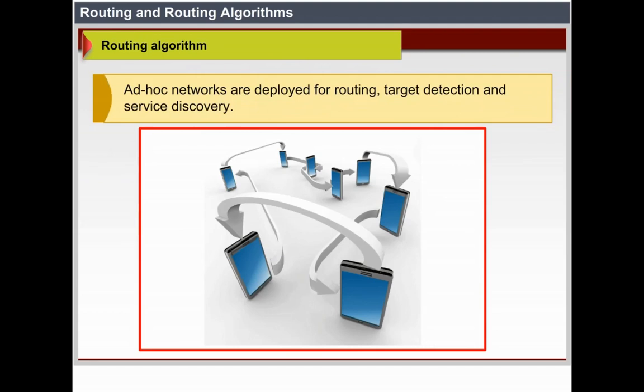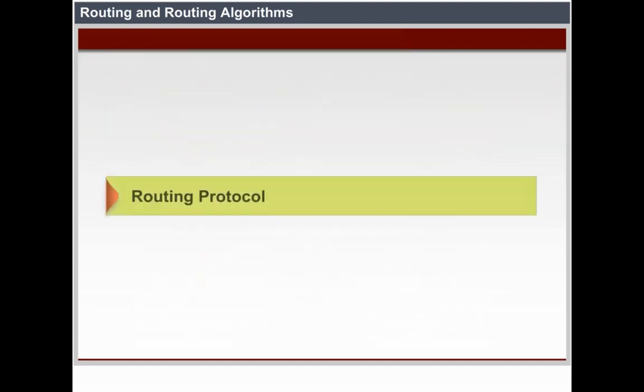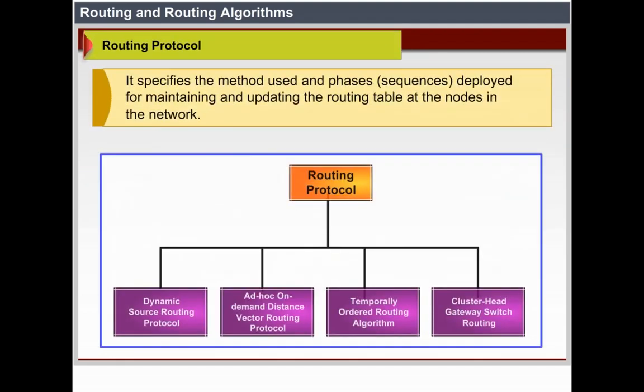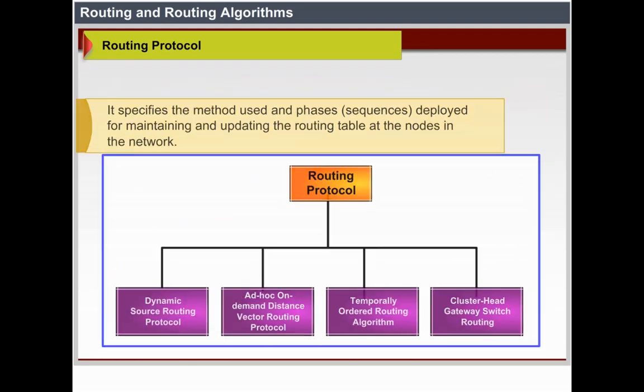Ad hoc networks are deployed for routing, target detection and service discovery. A routing protocol specifies the method used and phases sequences deployed for maintaining and updating the routing table at the nodes in the network.